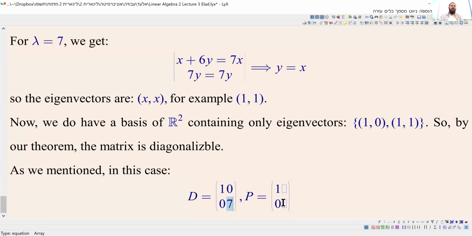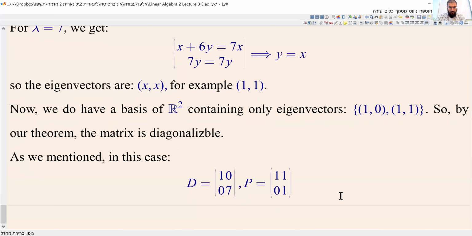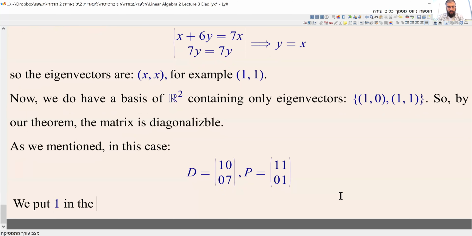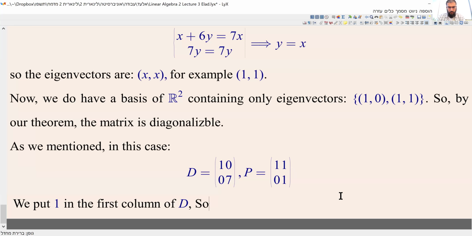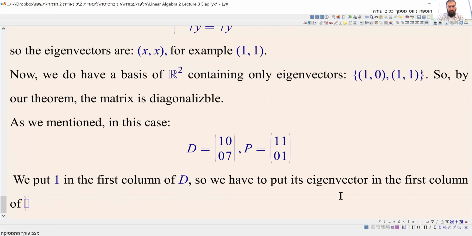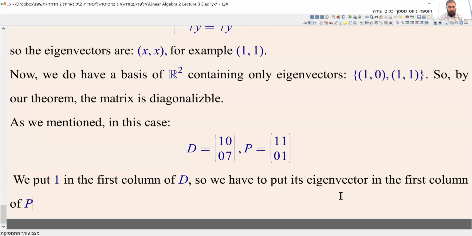And if we put 7 in the second column of D, then the eigenvector of 7 should be in the second column of P, which is 1, 1. That's what I meant by respectively.